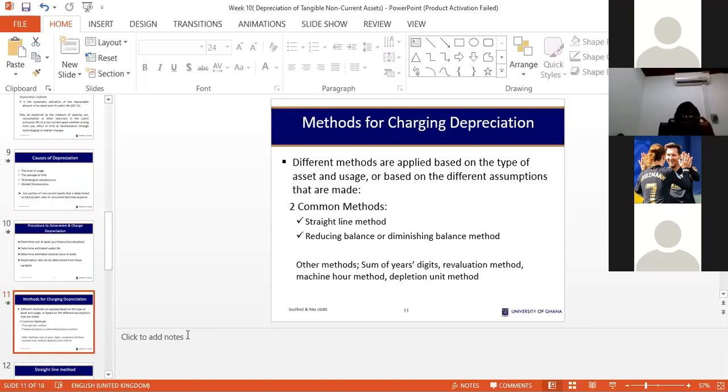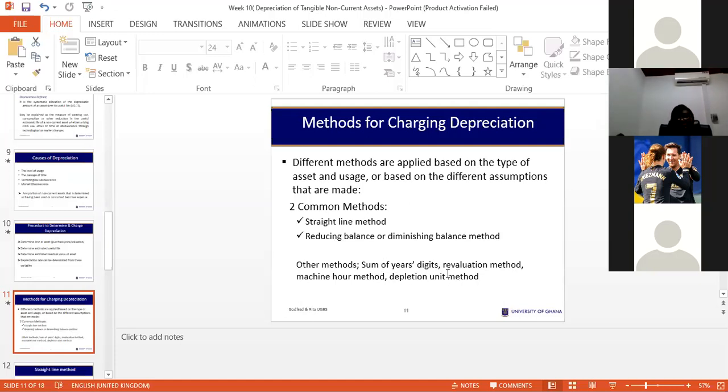So the most commonly used methods, which we are going to be focusing on, are the straight line method and the reducing balance or diminishing balance method. If you look beneath, there are other methods: the sum of the years digit, the revaluation method, the machine hour method, and the depletion unit method.